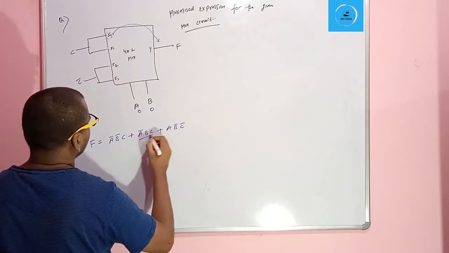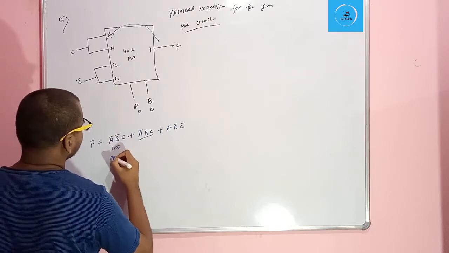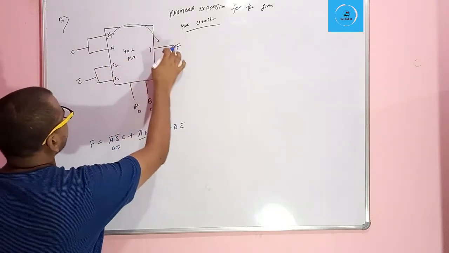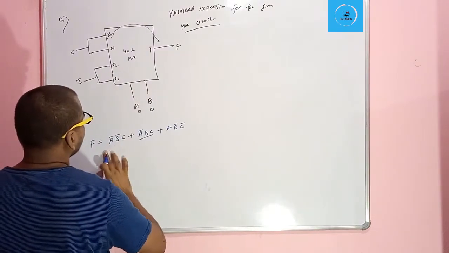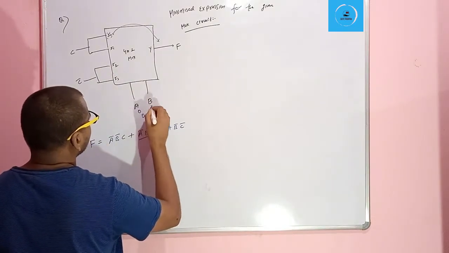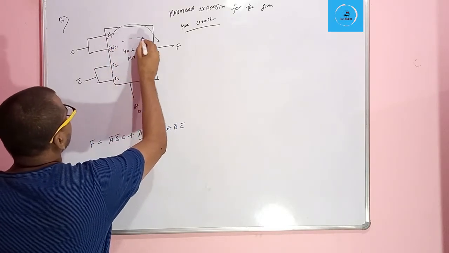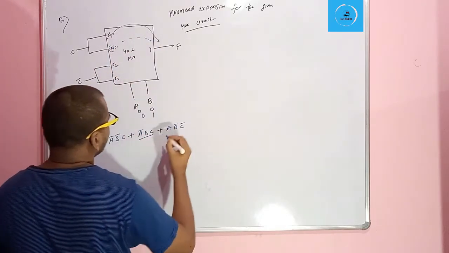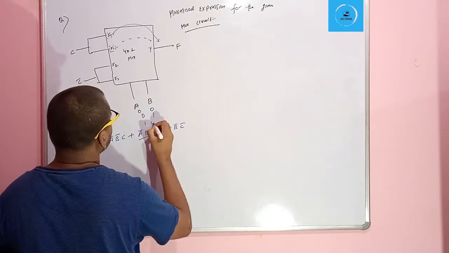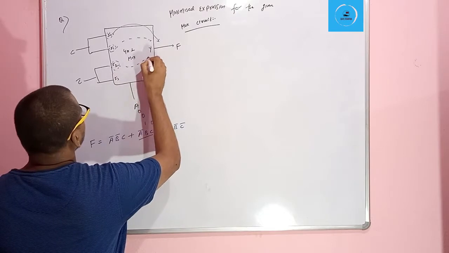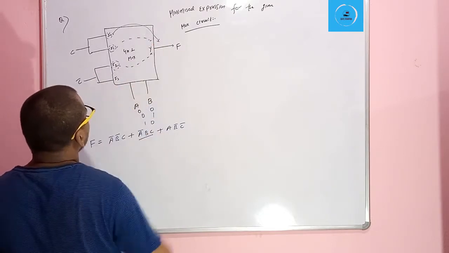Okay, so for 0 0, we select I0 and C will be present at the output. Or when we select 0 1, meaning A bar B, then I1 will be selected and I1 will be present at the output. When we select 1 0, then I2 is selected and I2 will reach the output.